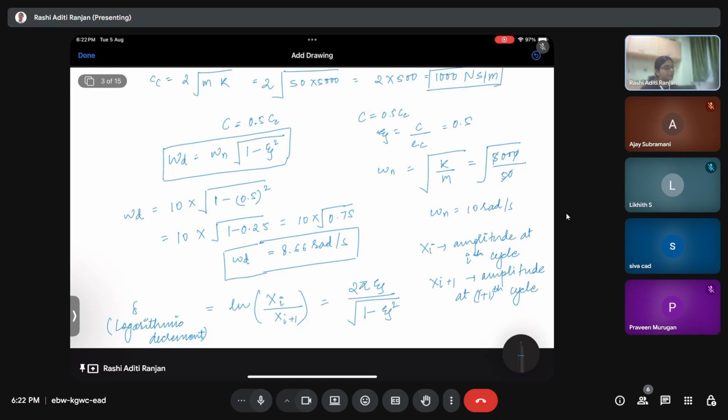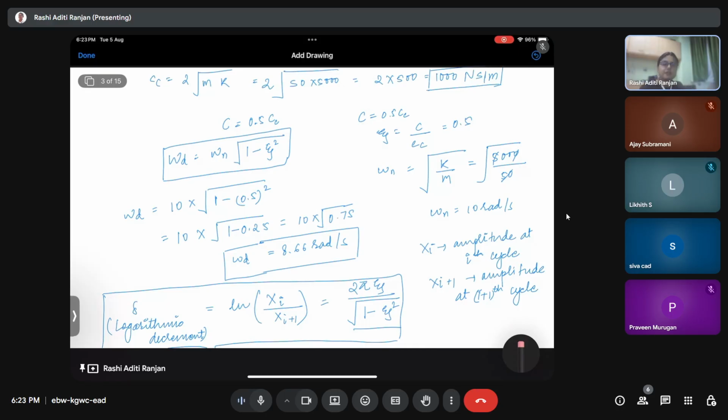Okay. See, in many places you must have seen that instead of using this particular equation, we generally consider the denominator as 1, right? Now that is the case when our eta value is very small as compared to 1.